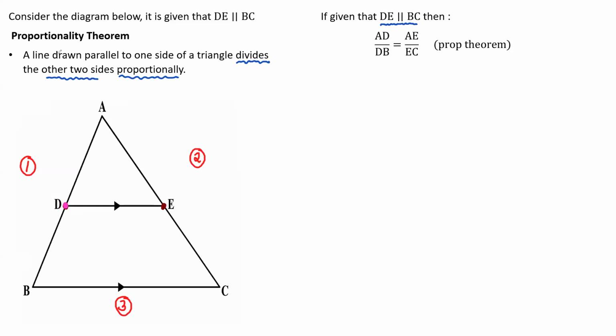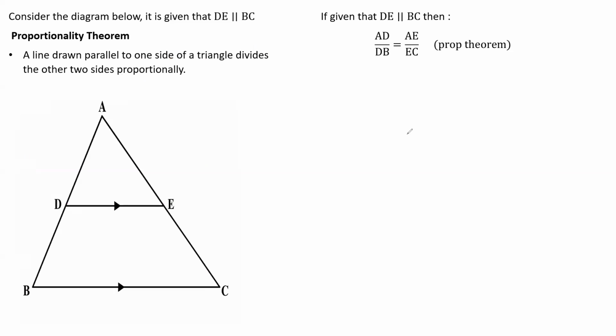It says to me, a line drawn parallel to one side of a triangle. The line is DE. A line drawn parallel to one side of a triangle, DE parallel to BC. That line divides the other two sides proportionally. The proportionality theorem.